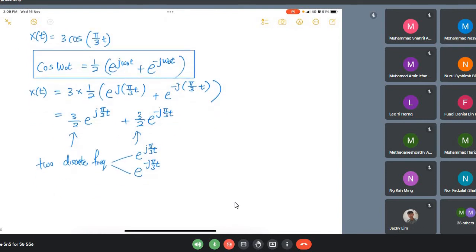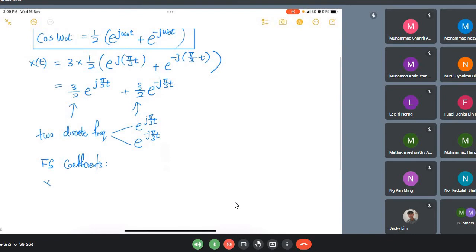The Fourier series coefficient x1 is 3 over 2, and x minus 1 is also 3 over 2.